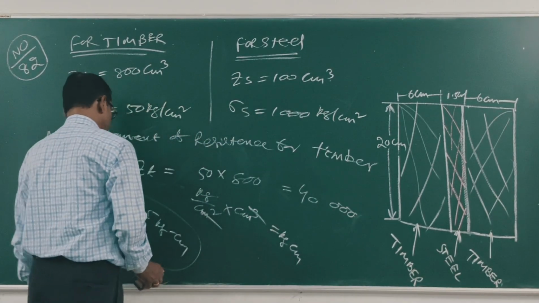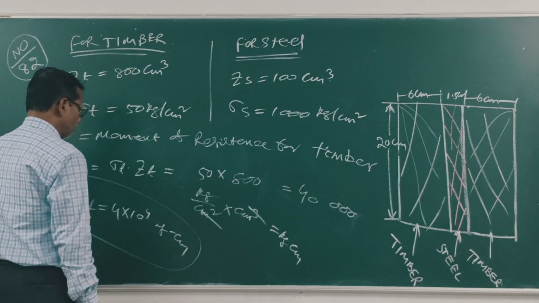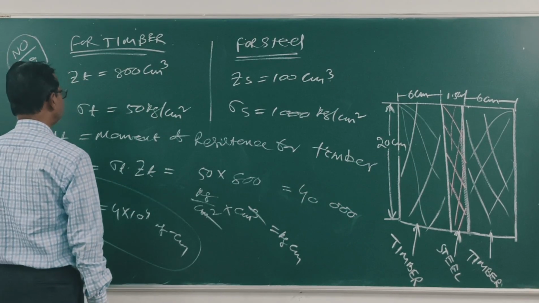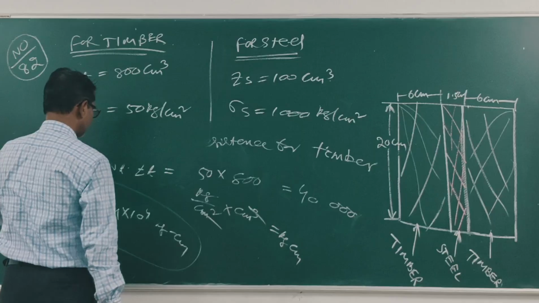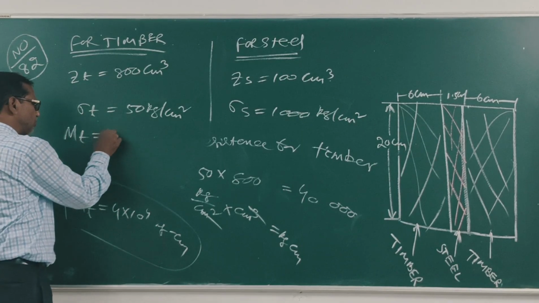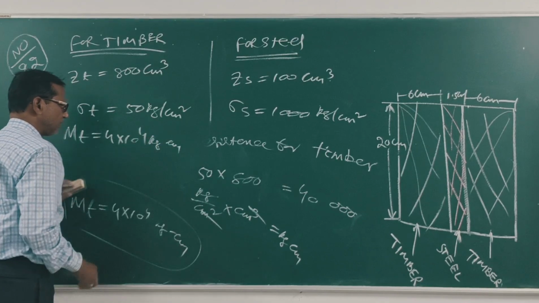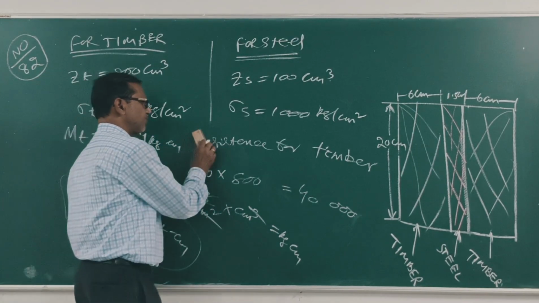This is 10 to 4. 4 into 10 to 4 kg cm. So Mt is equal to 4 into 10 to 4 kg cm. Now for steel.